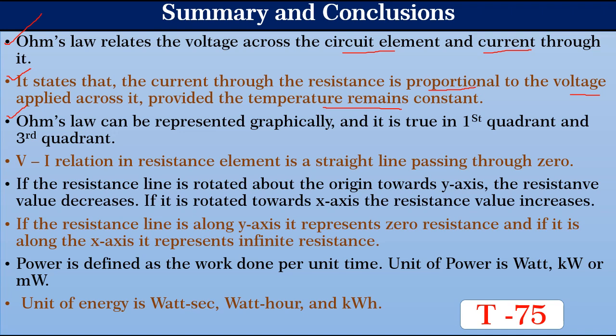Ohm's law can be represented graphically, and it is true in the first quadrant and in the third quadrant also. The VI relation in resistance element is a straight line passing through zero.